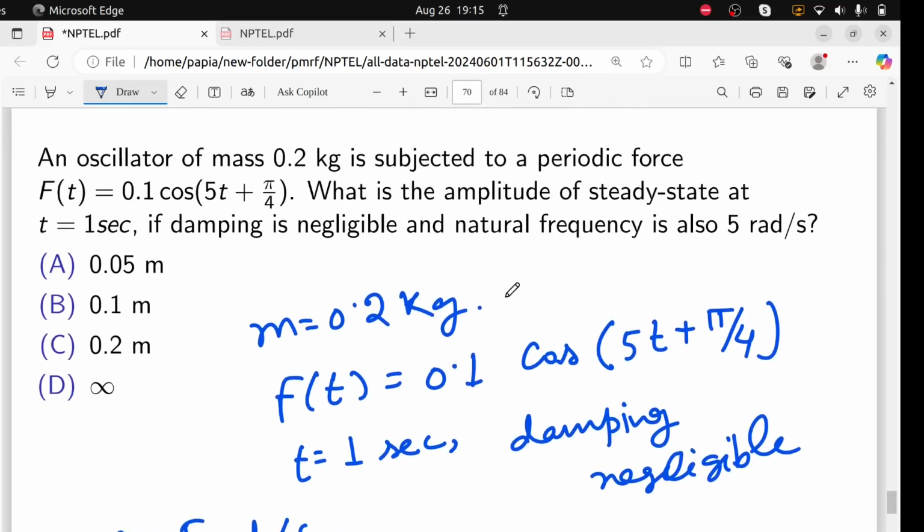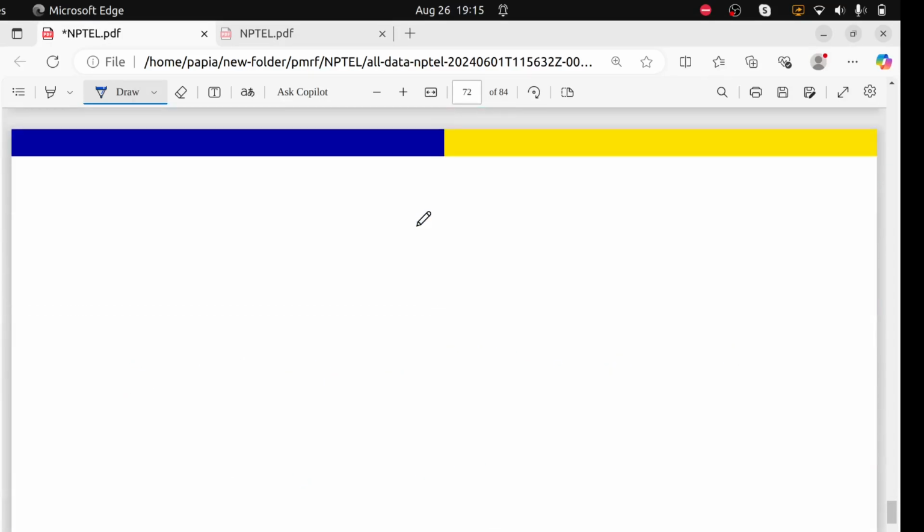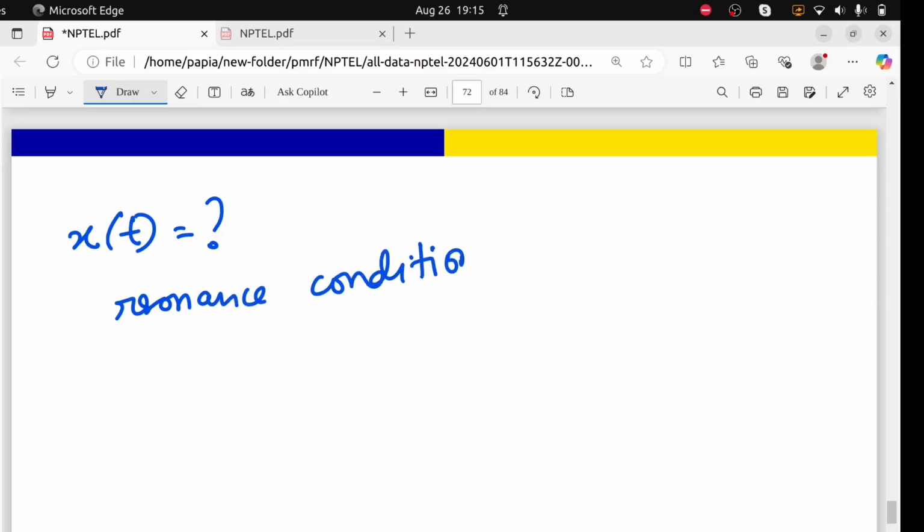So, what is the amplitude of steady state? Amplitude at t equals 1. So they need to know this one. As it is a resonance condition, the x particular at steady state.